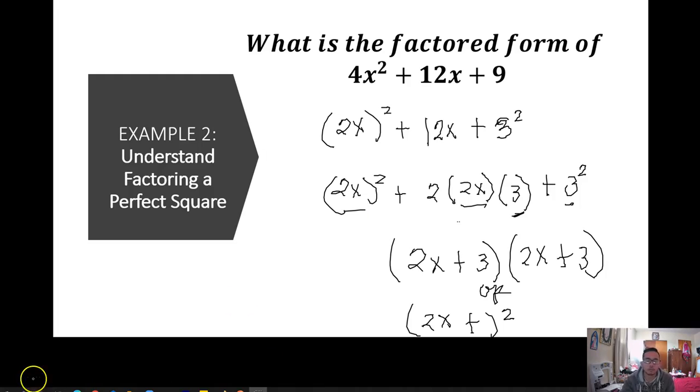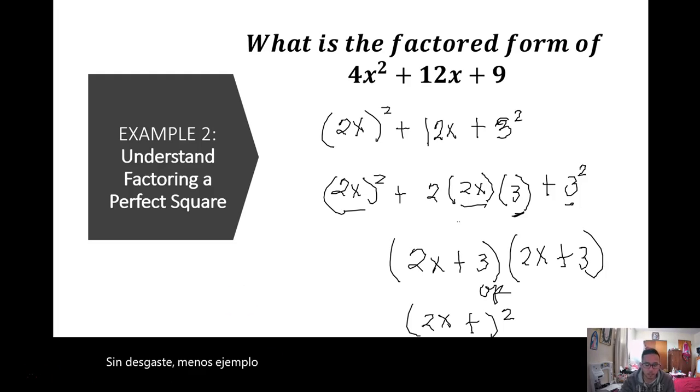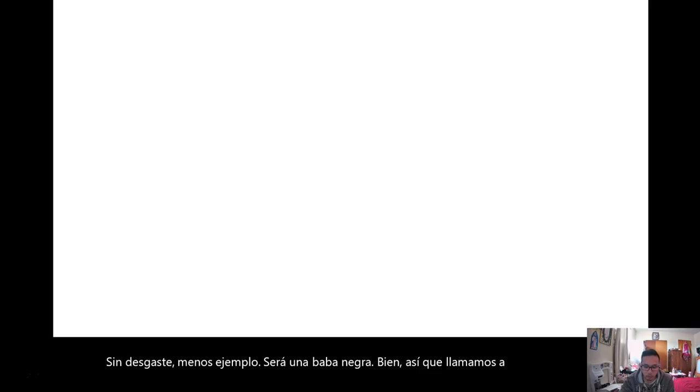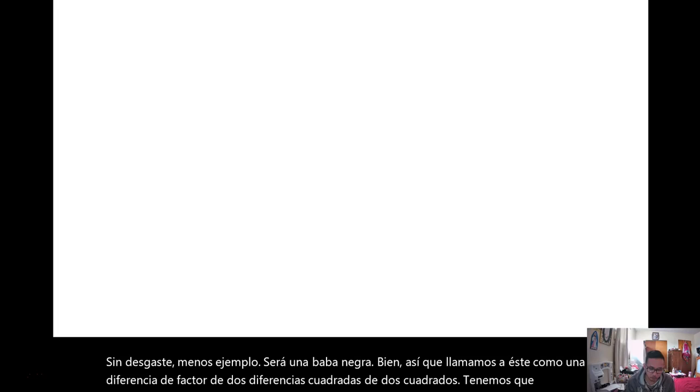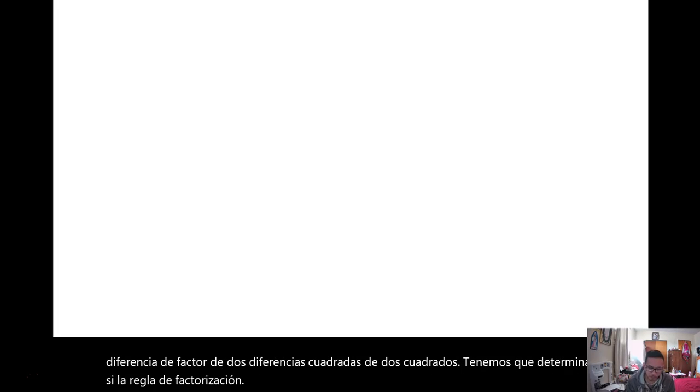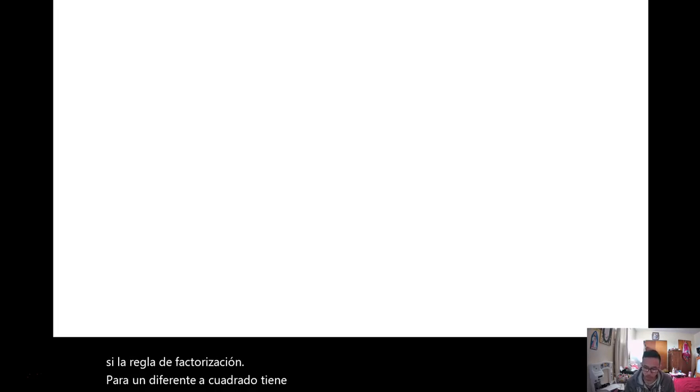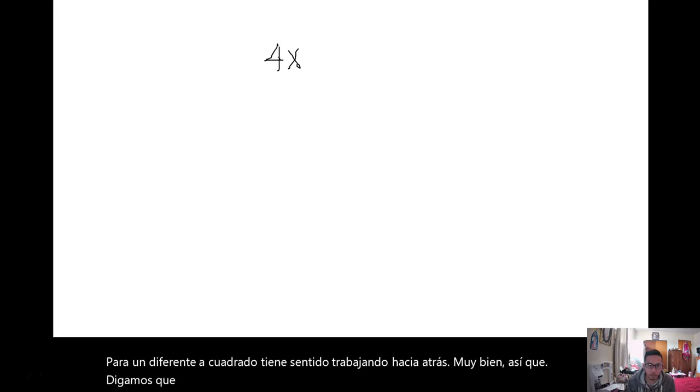Now, our last example will be on a blank slide. We call this a difference of two squares. We have to determine whether the factoring rule for a difference of two squares makes sense by working backward. Let's say I have here 4x squared minus 81.